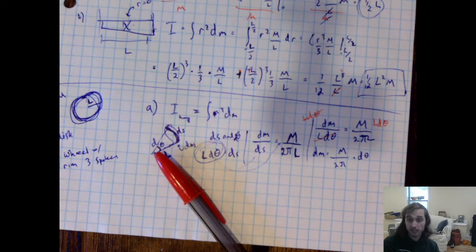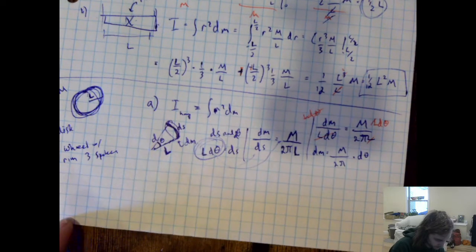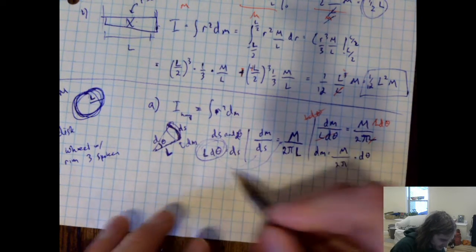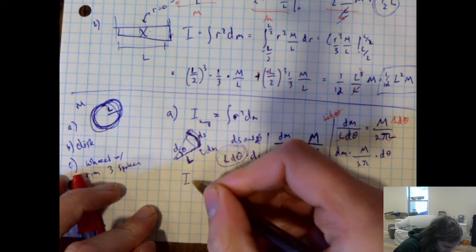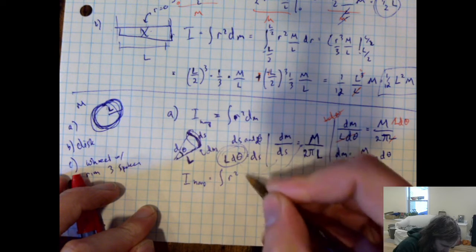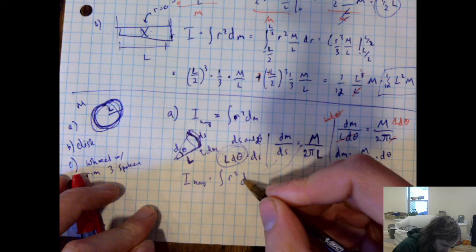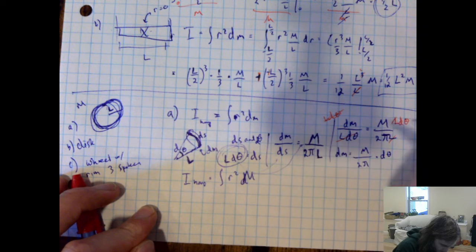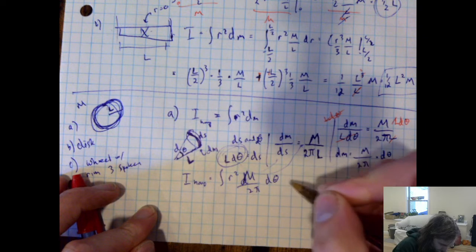Now theta is unitless, so gladly our length dimension dropped and we didn't accidentally wind up with an extra one of those floating around because we've got L over L on the right. Taking this and plugging it back into our integral, we'll get that our moment of inertia for our hoop is going to be equal to the integral of r squared m over 2 pi d theta.